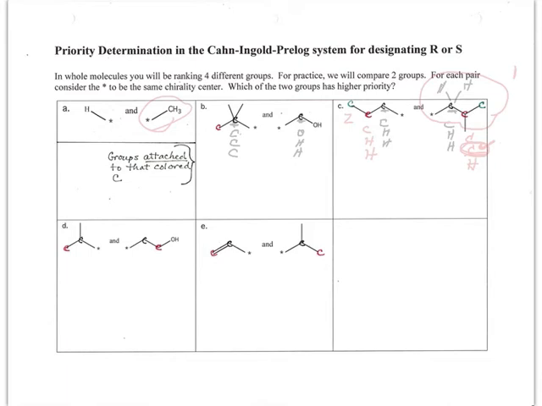Because that first carbon is C, C, H. When you get to the first carbon, this carbon is attached to C, C, and H. This one is attached to C, H, and H. So the right side already lost, it's right there. So the right side lost already, so it's this. You don't look out over the whole thing, like the oxygen. You do it one atom at a time.